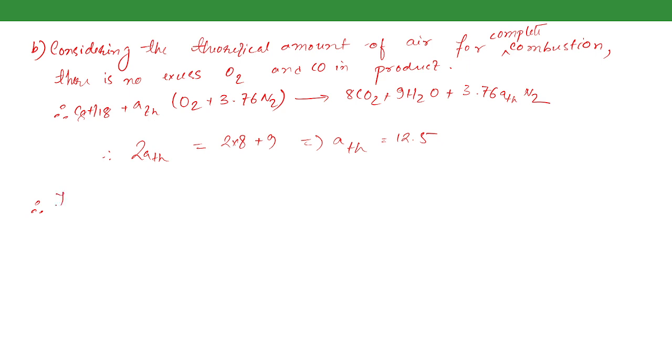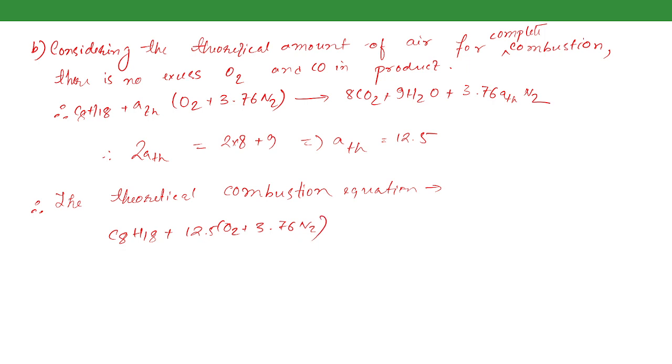Therefore, the theoretical combustion equation becomes C8H18 plus 12.5 oxygen plus 3.76 nitrogen, okay, gives 8 carbon dioxide plus 9 water, okay, plus 47 nitrogen.